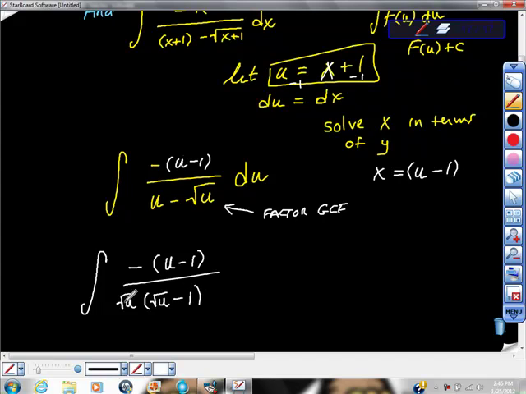If this is bothering you, look, square root of u times square root of u is u. Square root of u is u to the 1/2 power, and if you remember, if we have like bases, then we add the exponents. That would give us u to the 1/2 plus 1/2, or u to the first power. So this will factor out. If it's true this way, it's true that way. And here's my du.